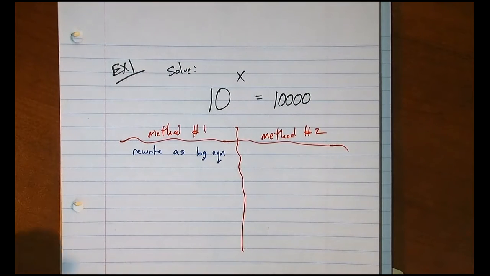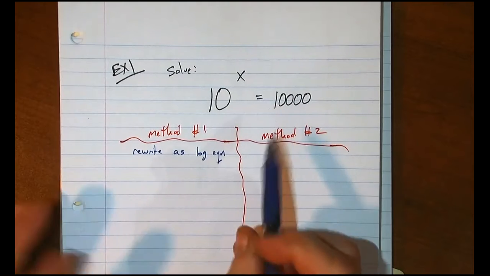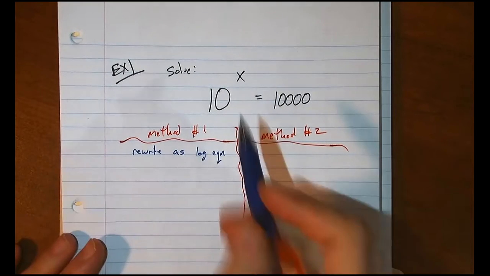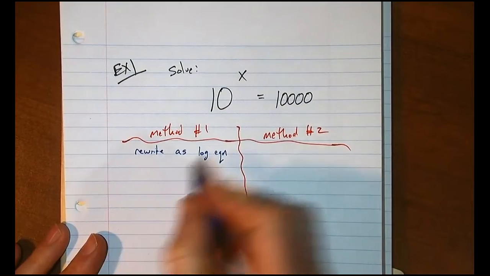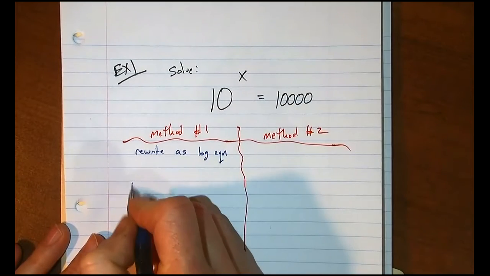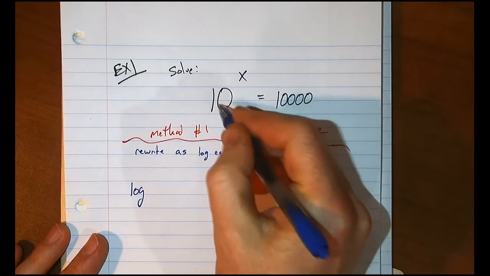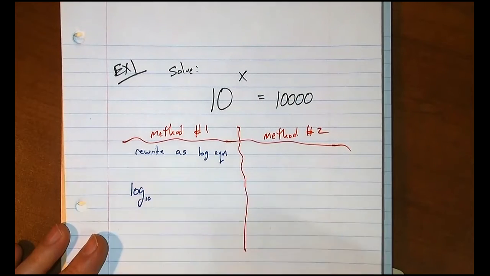Anything that is in an exponential form, you can switch to a logarithm form by following a certain pattern. Instead of an exponential expression, you're going to have a log expression. The base of the exponential becomes the base of your log.